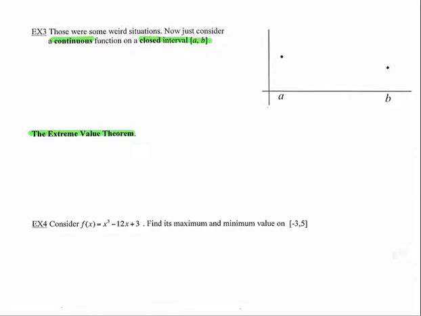But if we have a continuous function on this closed interval ab, so that means that we start at a and we're going to do something continuous, and we get ourselves to b. And there are obviously lots of different ways that that can happen. But what the extreme value theorem says is that, we'll write this out here.